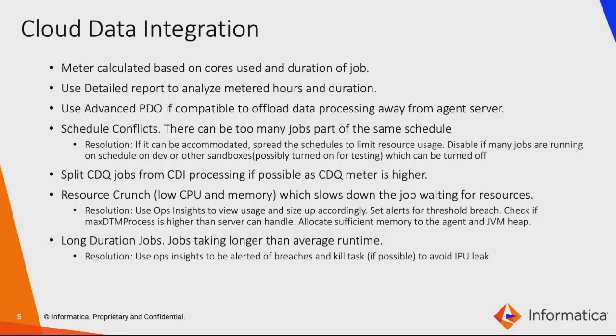So just to quickly summarize here, make sure you have the right number of resources before you pack too many jobs in the same schedule. And also make sure that you're not running production-like frequencies in your dev QA sandboxes, which will also add up to the IPU. So you'll have to keep in mind that the IPU consumption does not change, or the meter is not at a discounted value or a different rate just because it's running in dev or QA.